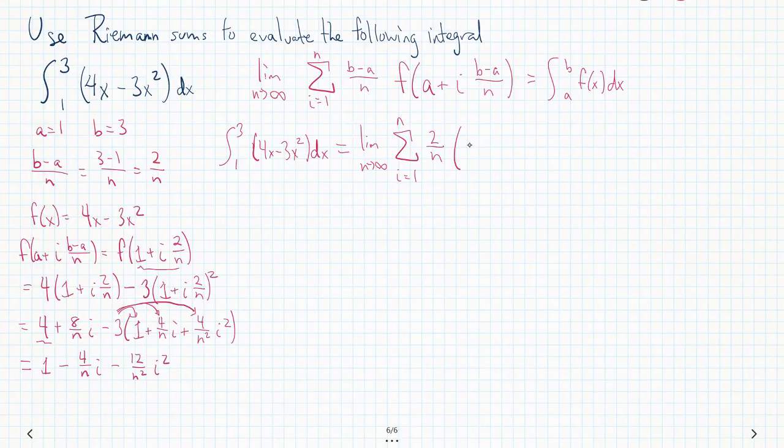We found that. That's 1 minus 4 over n I minus 12 over n squared I squared.